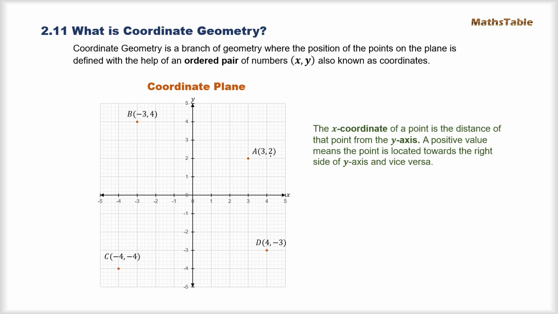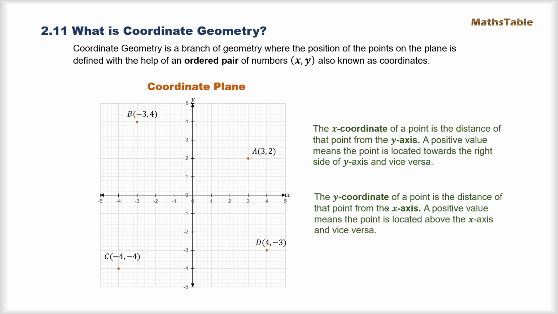Now the second coordinate, written 2 here, is basically called the y coordinate of the point A. And the meaning of the y coordinate is that it's the distance of that point from the x-axis. So for example, if the value of this coordinate is positive, just like here, it means that this point is 1, 2 units above the x-axis.